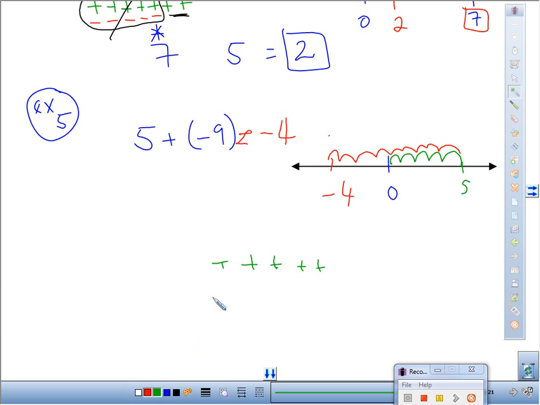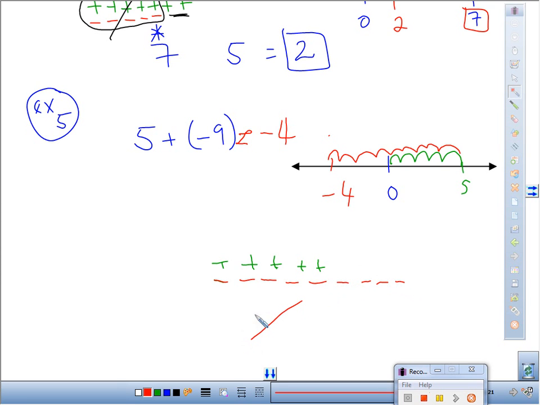Okay, we're going to add 9 negatives. 1, 2, 3, 4, 5, 6, 7, 8, 9.